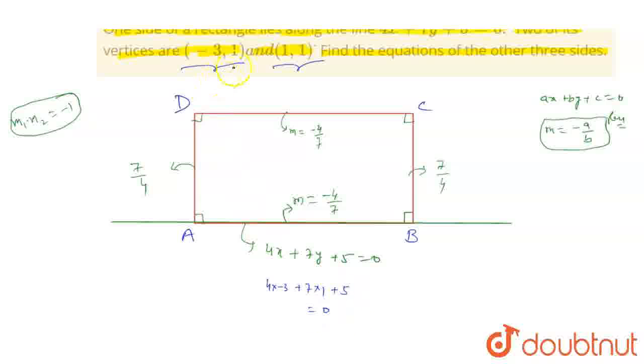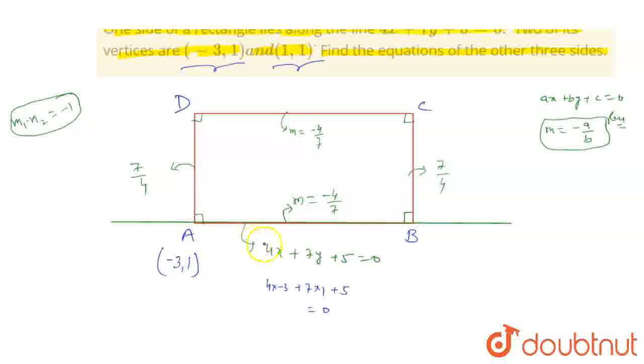Means minus 3 comma 1 is satisfying this equation. This means minus 3 comma 1 will definitely lie on this line AB. Okay, so this point can be either A or B. Let's suppose this point is A, which is minus 3 comma 1. You can take B also, no issue.